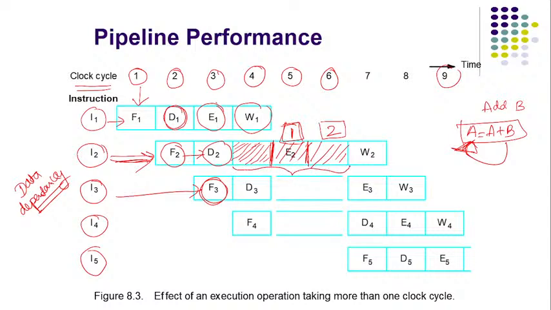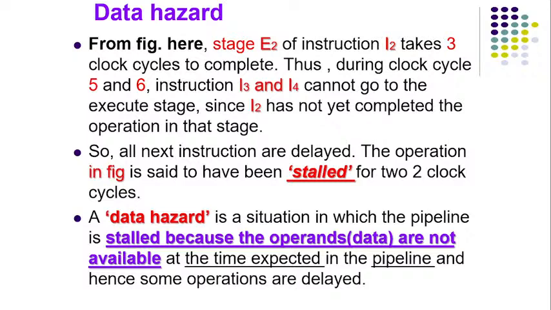Actually it is supposed to take only one, but here it is taking a total of 3, means 2 extra. This execution stage is taking 3 clock cycles to complete.